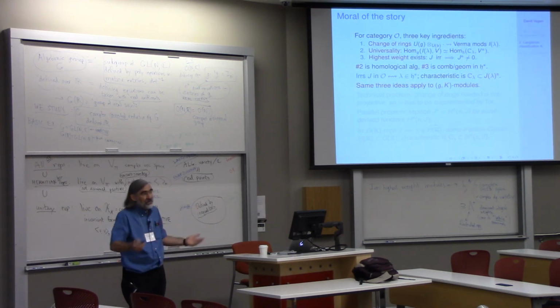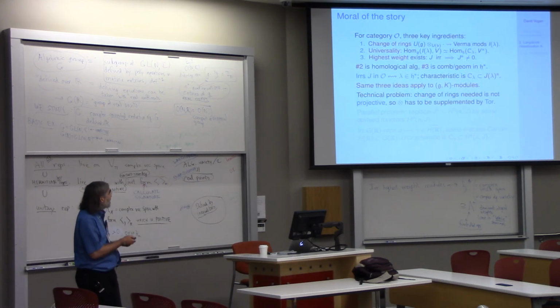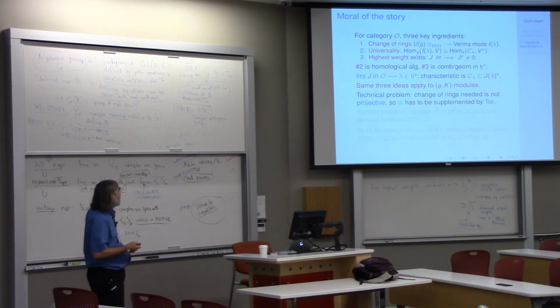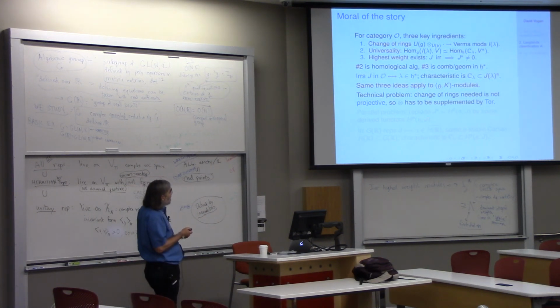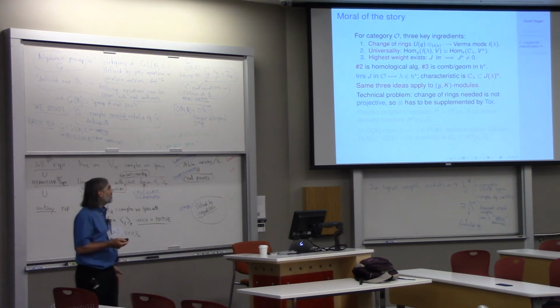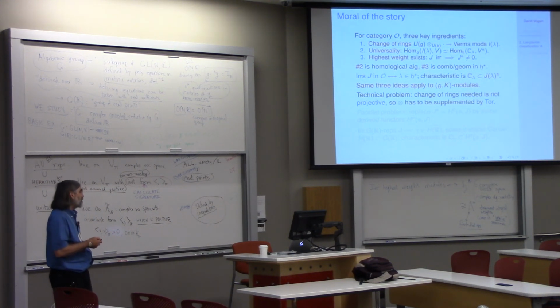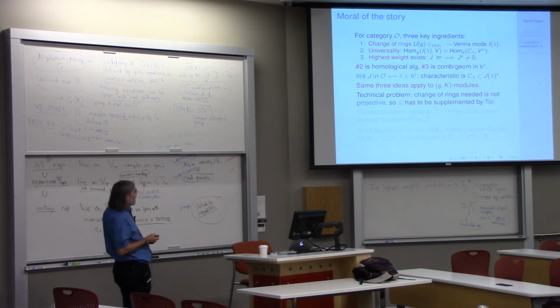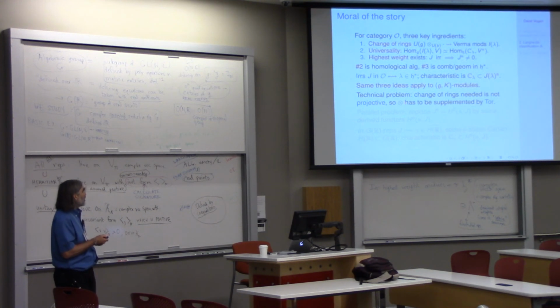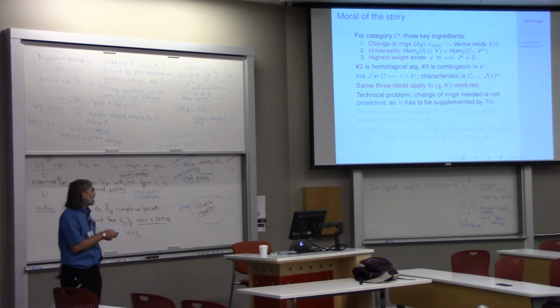So what I'm going to do tomorrow is apply these same ideas to GK modules. The change of rings functor that comes up is not projective. This U of G is a projective U of B module, so this tensor is an exact functor. In the GK module setting, the corresponding change of rings is not projective, and so in addition to tensor, you need to use derived functors of tensor, these Tor's.